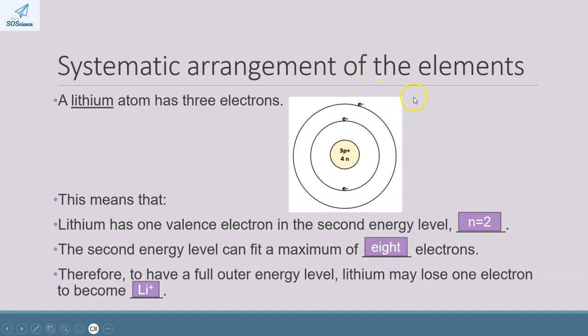It doesn't have the ability to gain 7 to have a full outer energy level. It can only lose that 1 to have a full outer energy level. Once it has lost that 1 electron, its core electrons can't be lost. Core electrons don't ever get involved in bonds, and core electrons remain stuck to the atom.